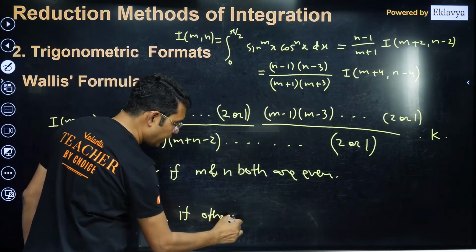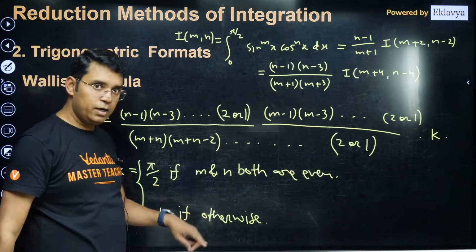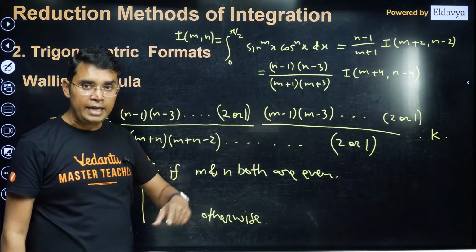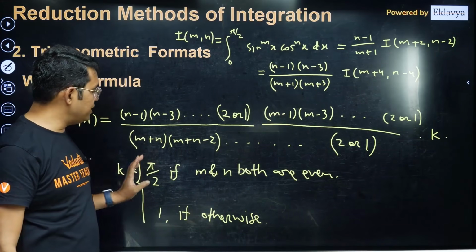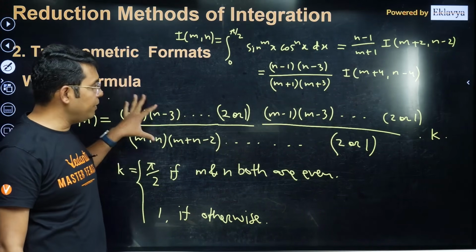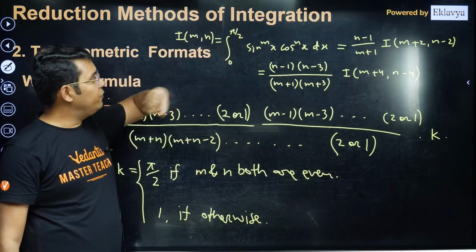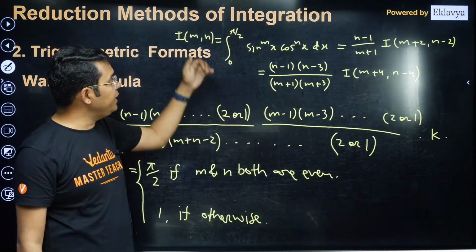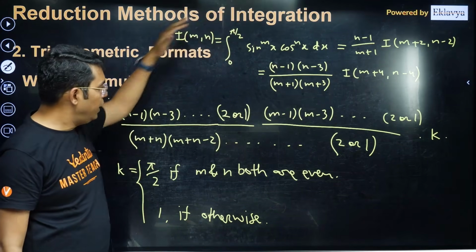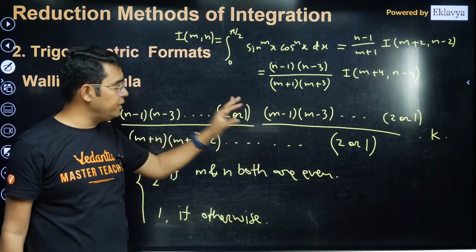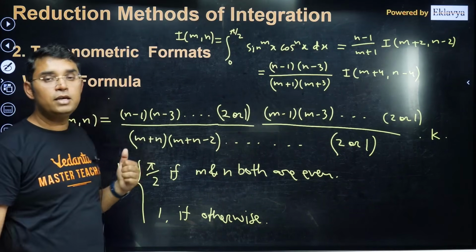Otherwise means any other case out of 4: m even, n odd; m odd, n even; or both odd. In this case, it will be 1, otherwise it will be pi by 2. Now this can be a very useful thing, because in many questions I have seen, when you do some substitution, your integral converts into this form, 0 to pi by 2, and you can directly find the result using this I m comma n, which we call the Wallis formula.